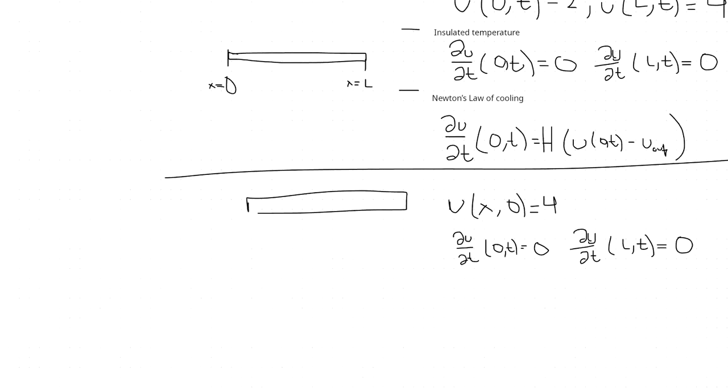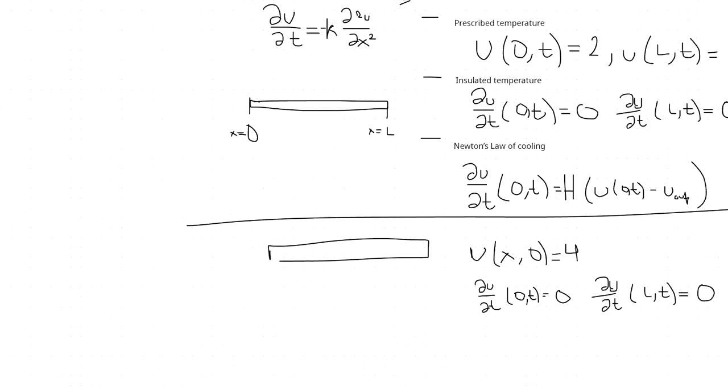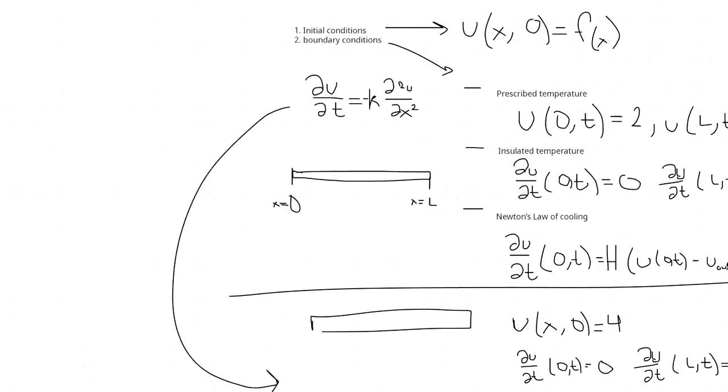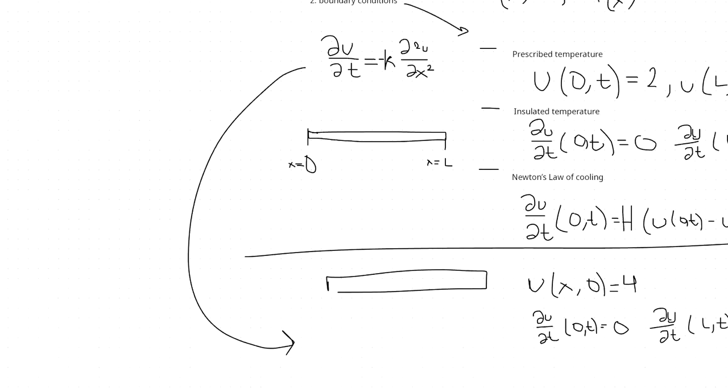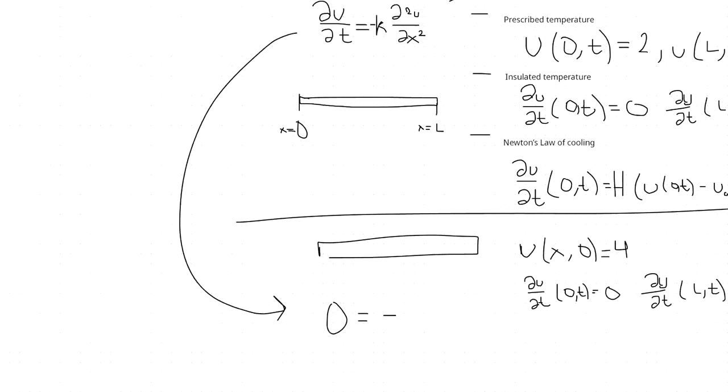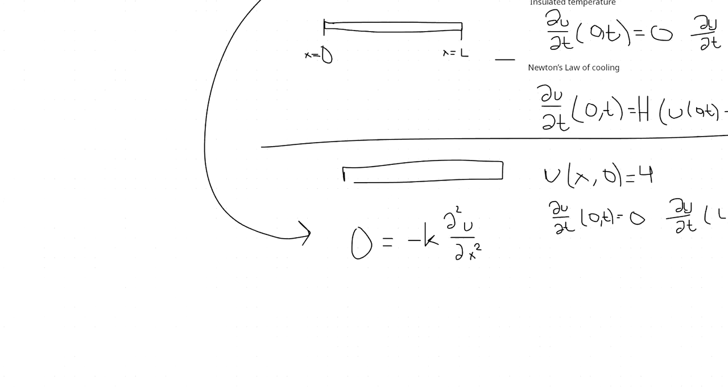Then we can figure out what the long-term solution is for this equation after a very long time t, because we know that after a very long time, this equation approaches a steady state. And so partial u over partial t has to equal 0. And so if 0 is equal to minus k partial squared u over partial x squared, then the solution to this equation is obvious.